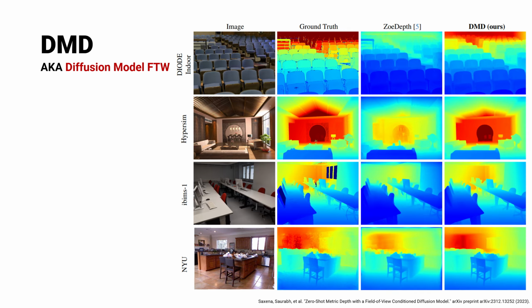Compare the second column to the last column, and compare the last column to the last but one column, right? You see that the results are way more accurate. This works really well because diffusion models can harness the power of data even better than simple classical transformer-like modules, right?